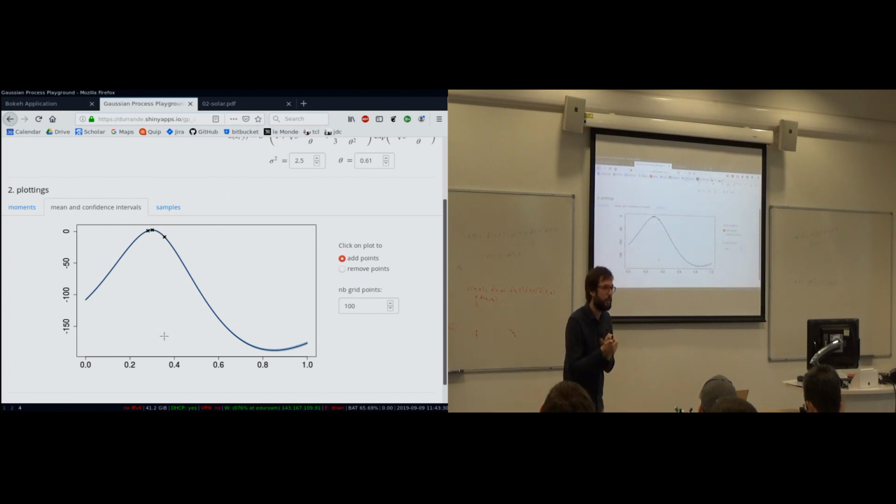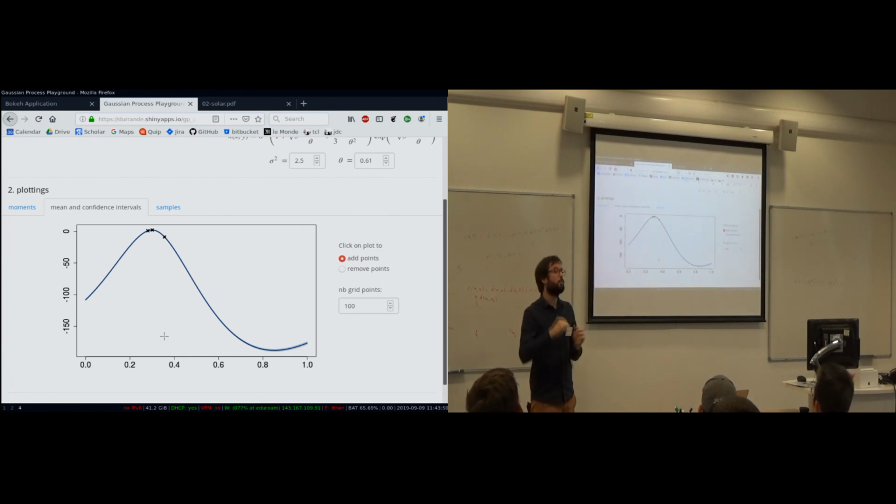When the observation point is far away from the data, the mean tends to zero because the Gaussian process has mean zero. But if the Gaussian process has a constant mean other than zero, like 1 or 2, it will tend to this value, the constant mean.